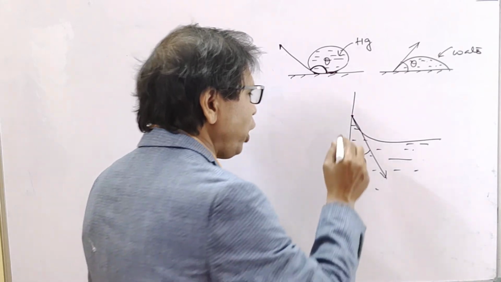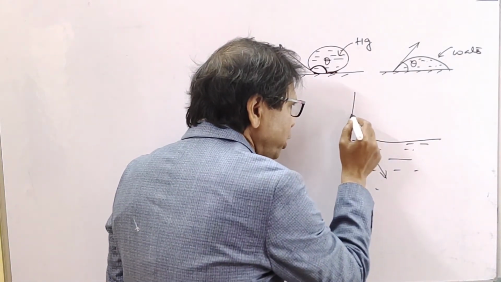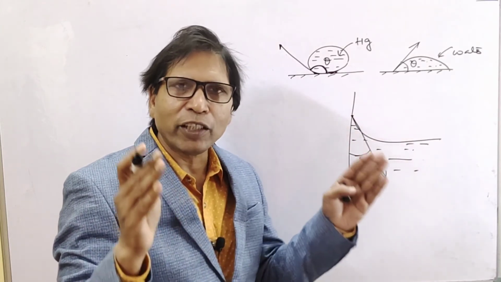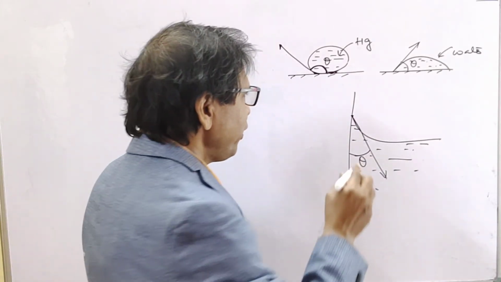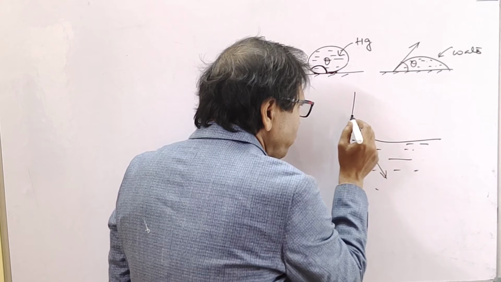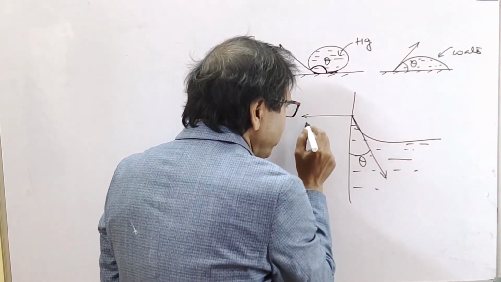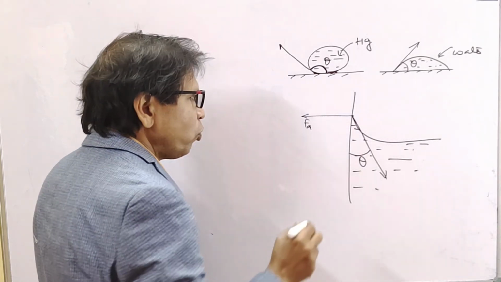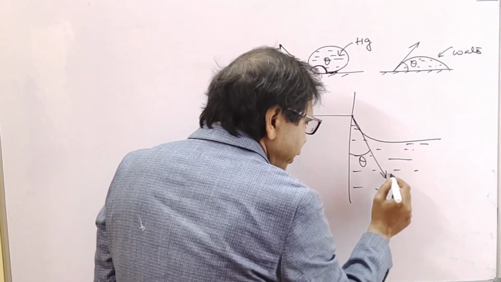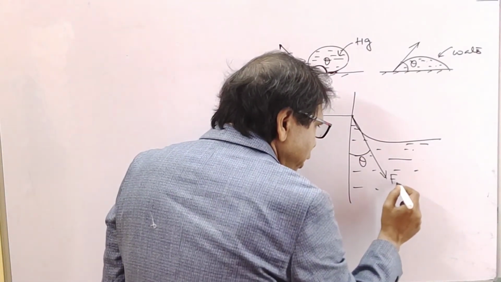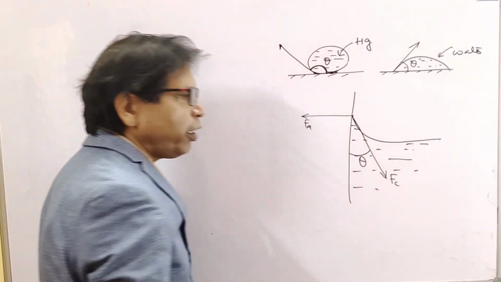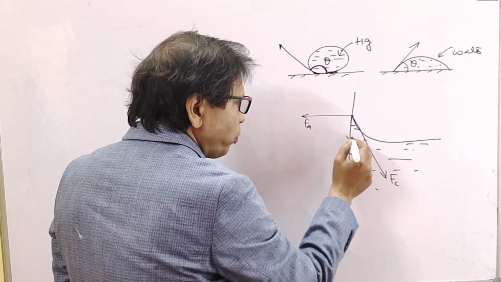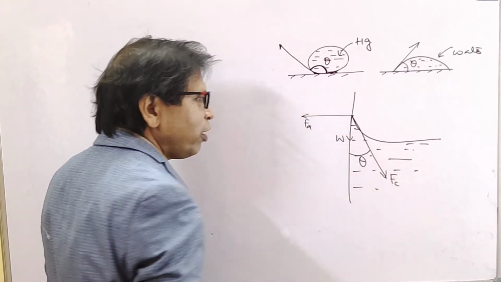Now we have to discuss the nature of the meniscus of the free surface of the liquid. Now look at this. We have to calculate the forces acting on the liquid molecules in contact with the solid. Here the forces acting are the adhesive force by the solid molecule, this is Fa, the cohesive force by the neighboring liquid molecules, this is Fc, and finally the weight of the liquid molecule.